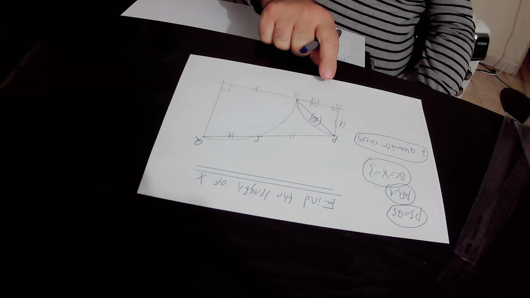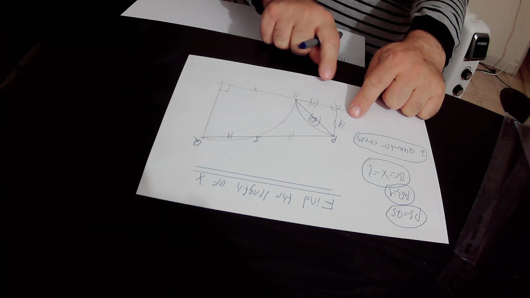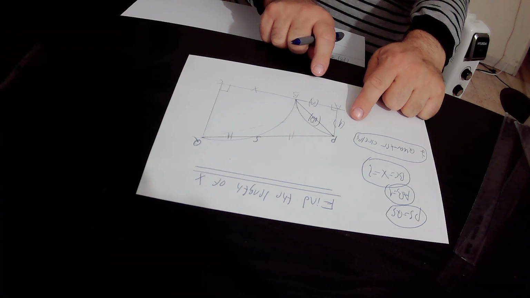The right triangle PAB is also an isosceles triangle. Why? Because PA equals AB. In this right triangle PAB, we have PA equal to AB, and we have the rule that opposite equal sides in a triangle there are equal angles.